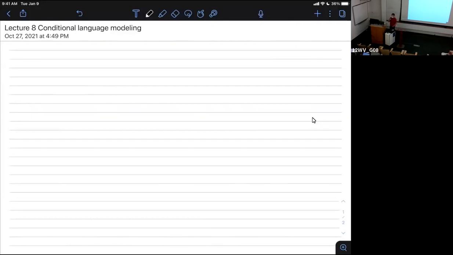But then let's say we want to use the language model, the autoregressive model with a left to right ordering that has been fixed. And then what I want to do is, after seeing the first half of the review, I want my language model to be able to tell me what is the most likely way to finish off this review.